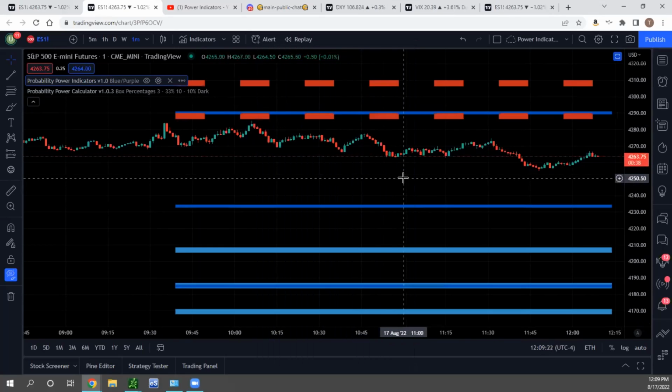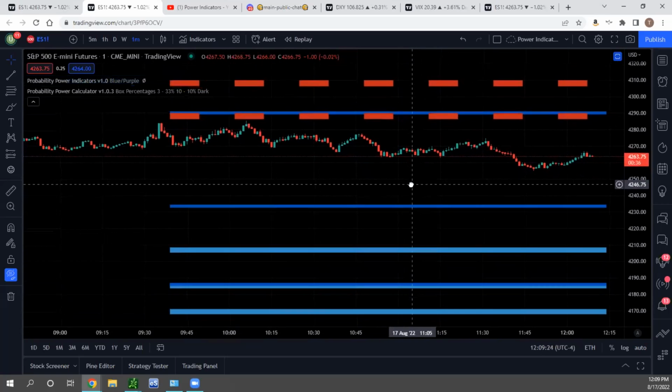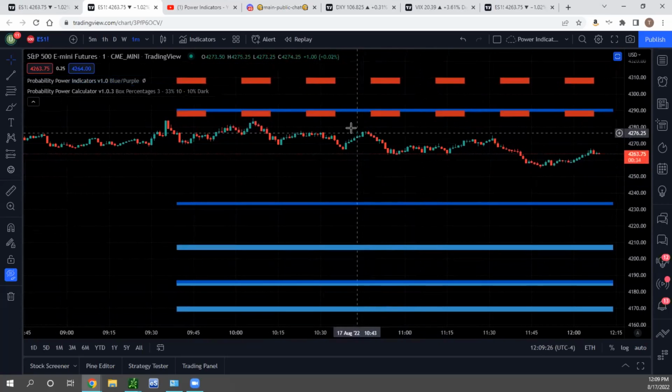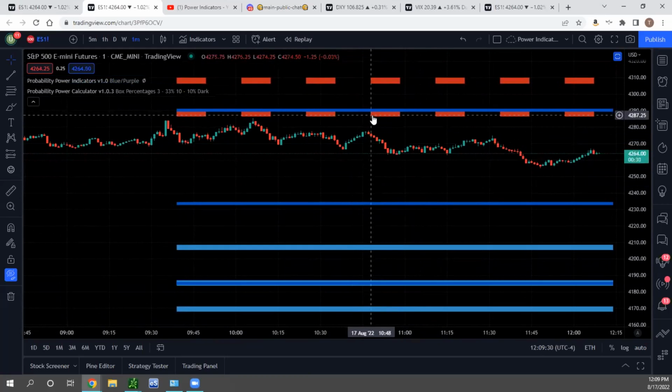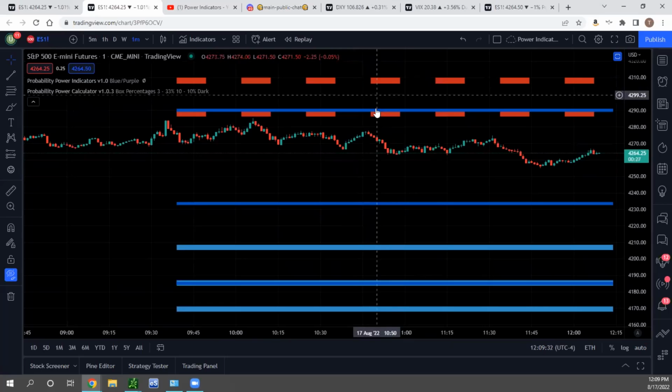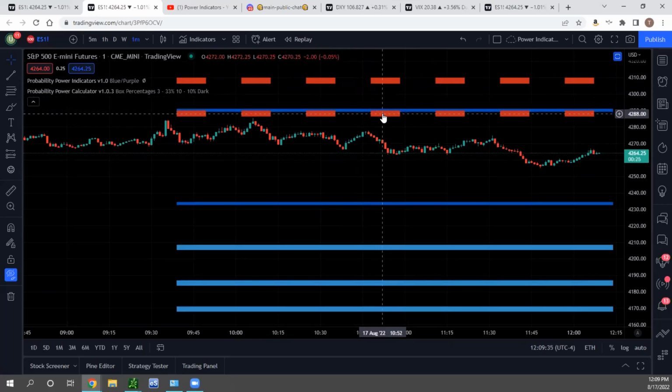And of course, when you see the different types of zones next to each other, that adds some significance to that zone. So again, we have the two red institutional dashes above us as resistance. And then we do have that minor zone there as well around the 4290. So we know that that area is going to be a pretty significant level of resistance at this point in time.